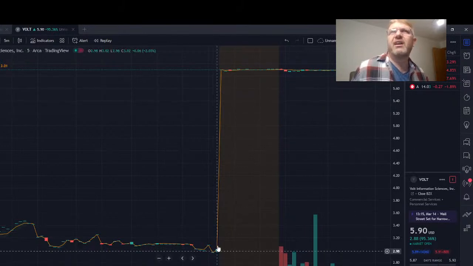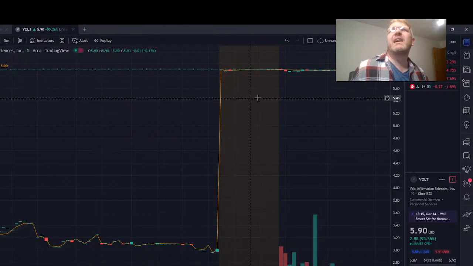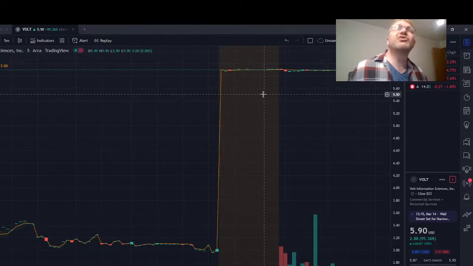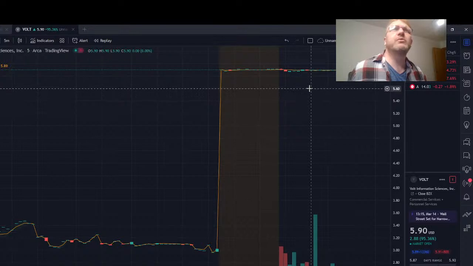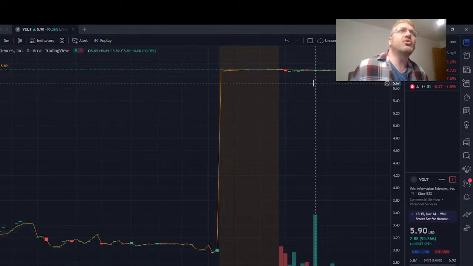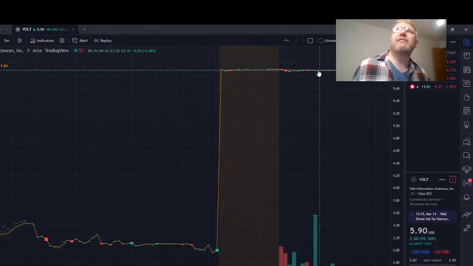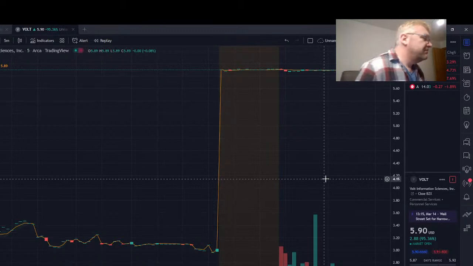It's gone from $3 overnight to $5.90, $5.91, and at the moment it's trading flat at $5.91. There's no volume, there's no volatility, there's no trade there. If you buy a huge bulk of shares in Vault today, you might make 7-8 cents on the share, you know.